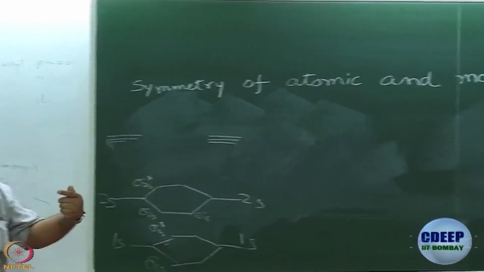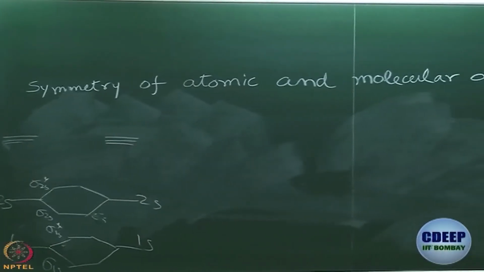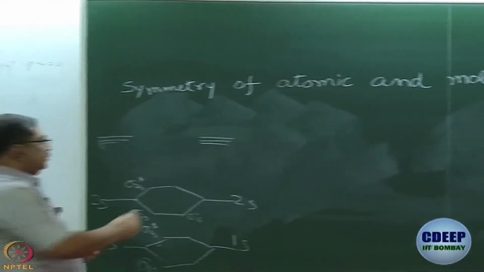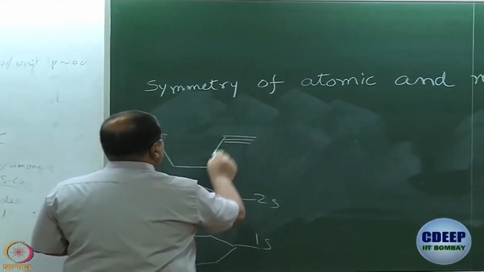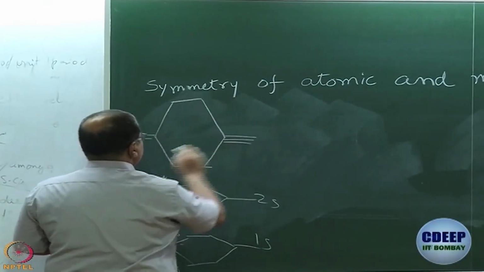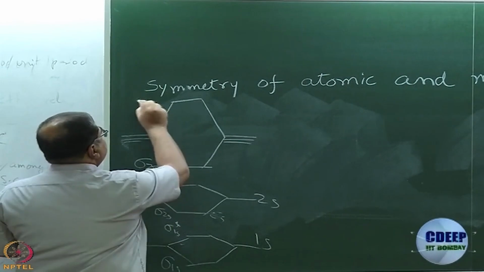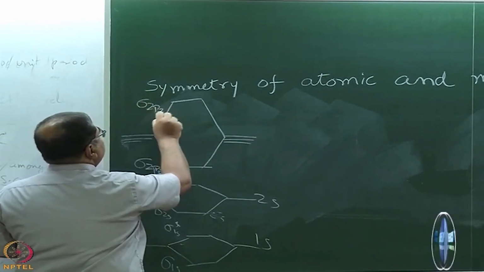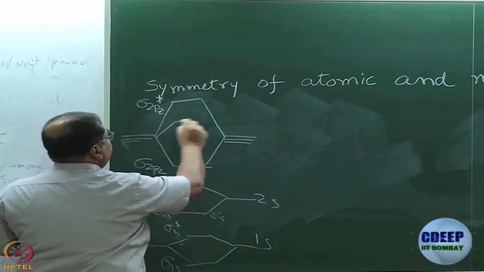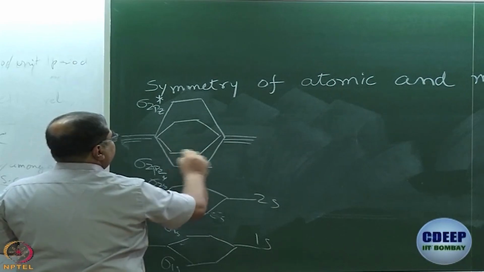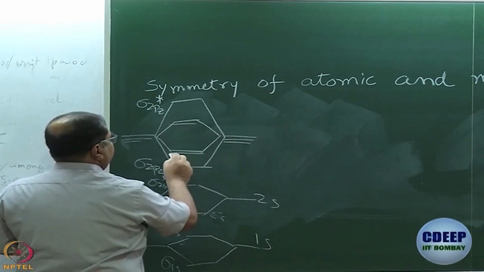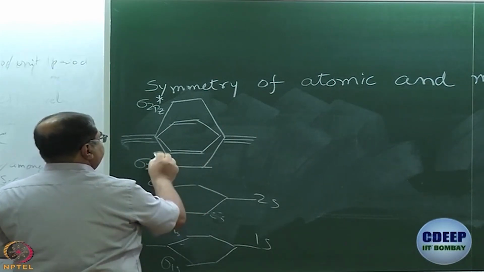We consider the direction of approach of the two atoms to be the z direction. So, 2pz and 2pz give you sigma interaction and these give you pi interaction, px and py. Okay.